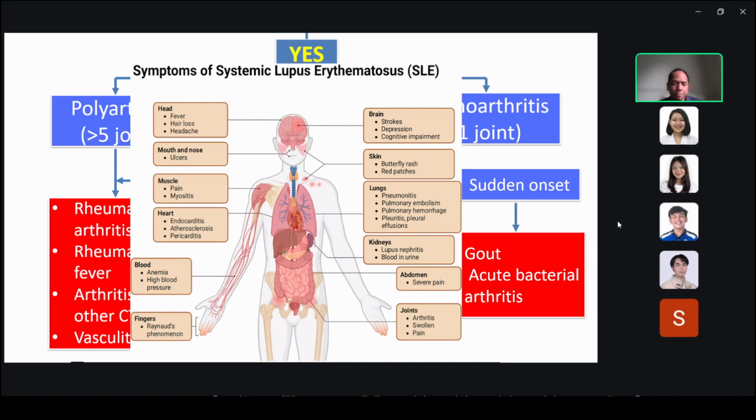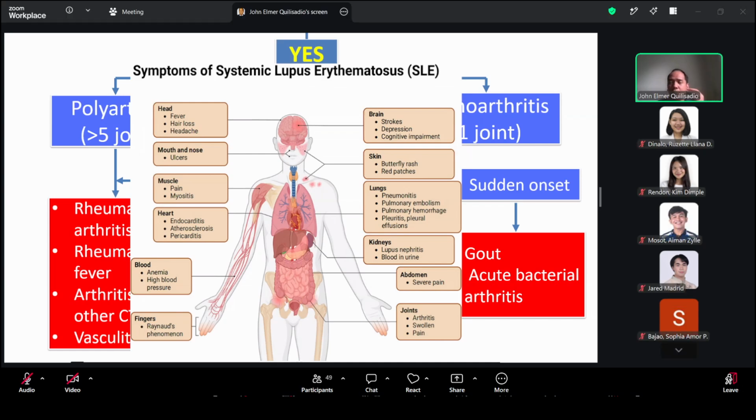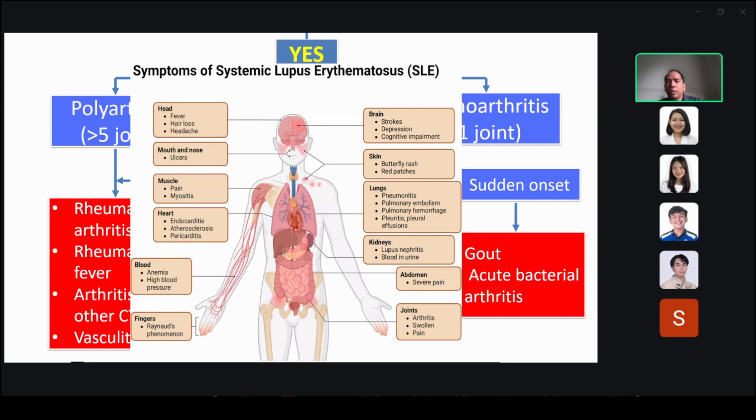in one admission, or it can be cumulative, no? So meaning to say, the patient can experience these, for example, when the patient is still 10 years old. So they complained of a butterfly rash. So that is still a valid symptom. And then when the patient turns 25, they developed hair loss.